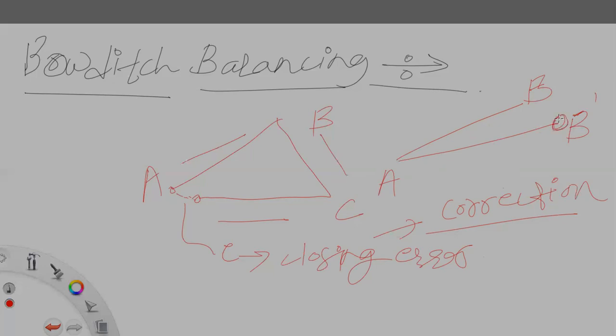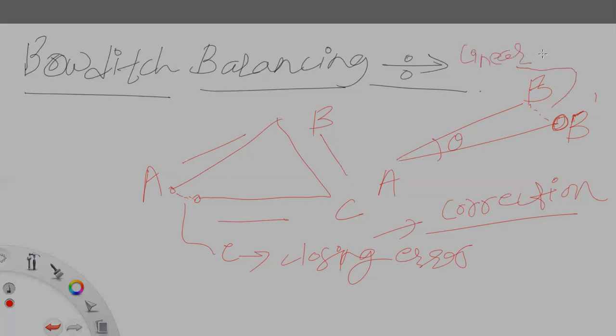This is the correct position for point B. So by an angle theta, you need to deflect it, as well as by the length or linear correction, you need to relocate it.